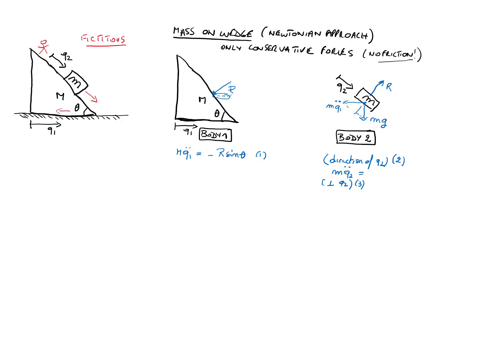This is the contribution in the Q2 direction, and this is the contribution of gravity in the Q2 direction. So this one will have a negative impact and this one a positive impact. So what will we have? mg sine theta, and this one will be minus Q1 double dot cosine theta.